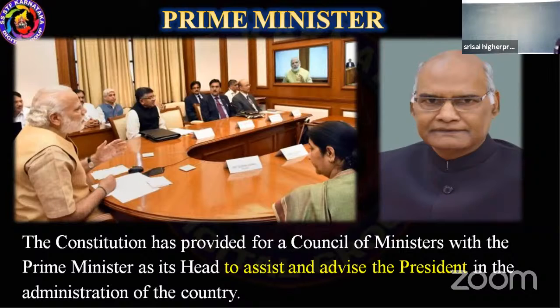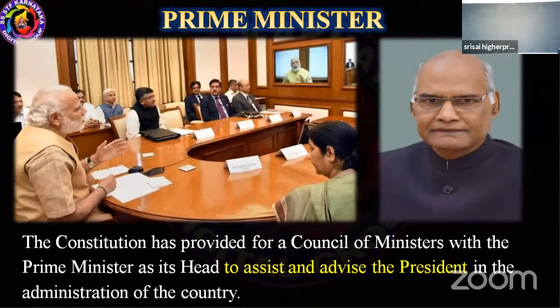Each and every citizen will elect their representatives in the Lok Sabha election, which is the lower house election, and in the state Vidhan Sabha. And those representatives will select their head to carry on the government activities.